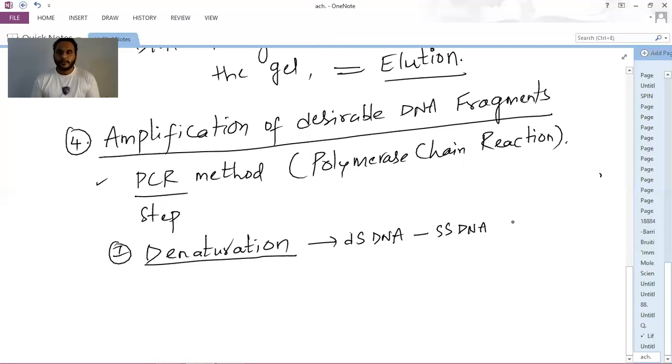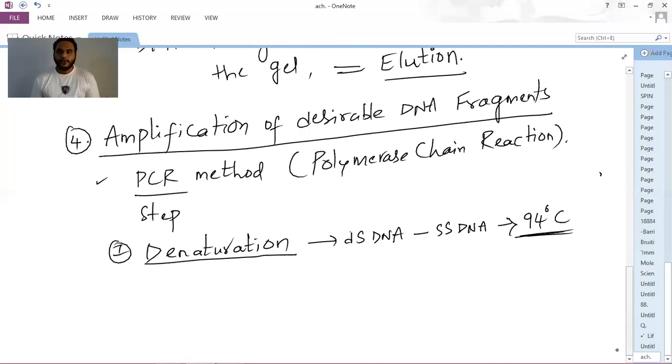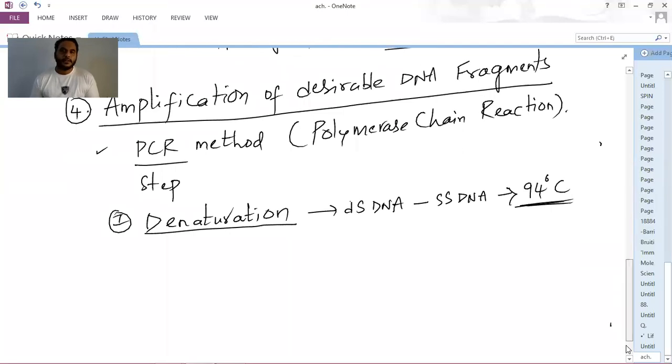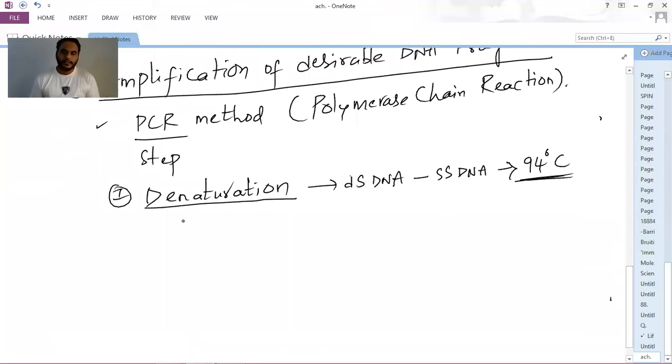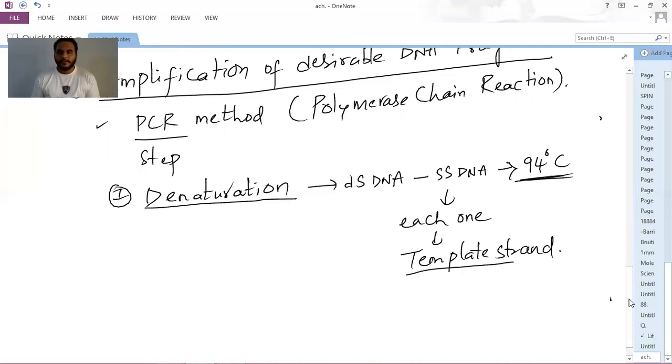That is denaturation. Each single strand is nothing but a template strand.